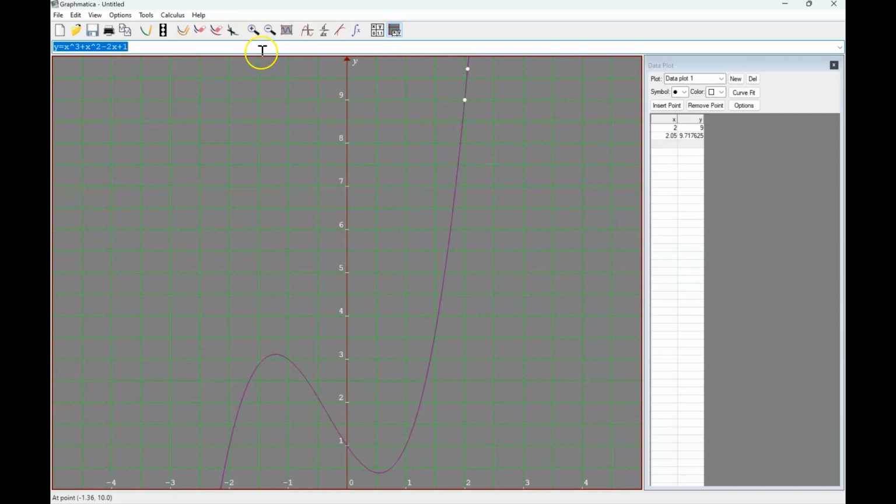And then let's draw in our tangent line. So that would have been 9 plus, I didn't write that down, did I? Of course I didn't. I'll just do it the dumb way. 3 times 4 plus 4 minus 2, times x minus 2.